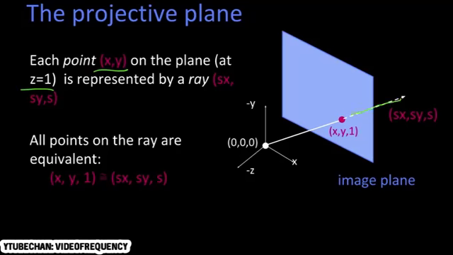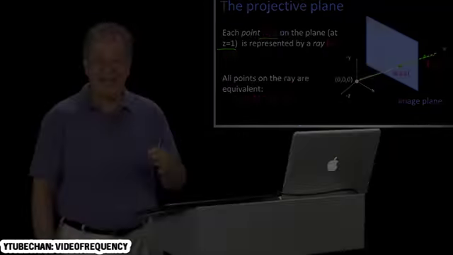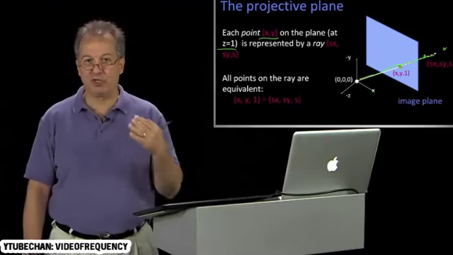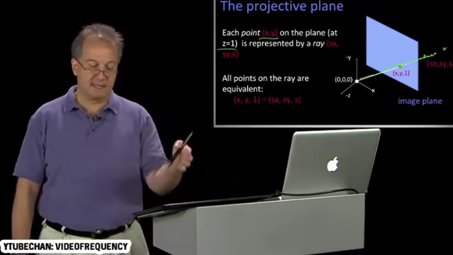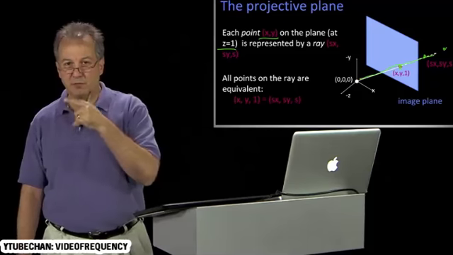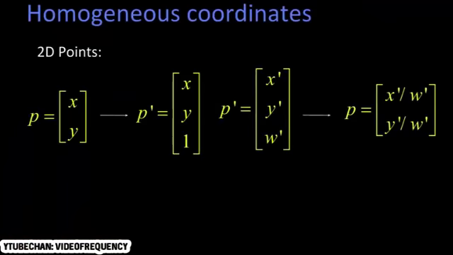It intersects the image plane at (x, y, 1), but any point on this ray, (sx, sy, s), when projected through the center of projection, would intersect the image plane at the same location. And that's what it means to be projectively similar.